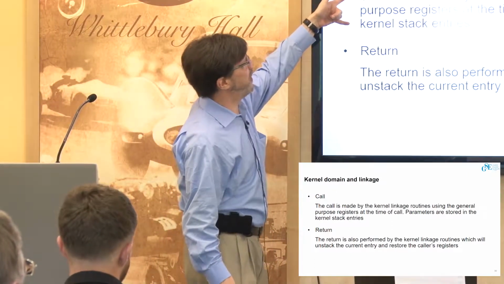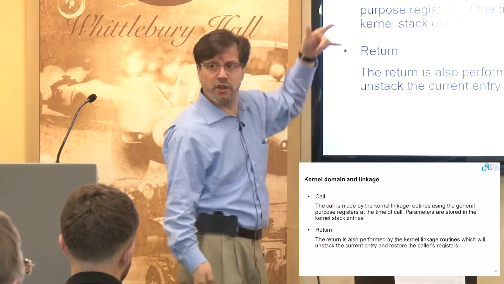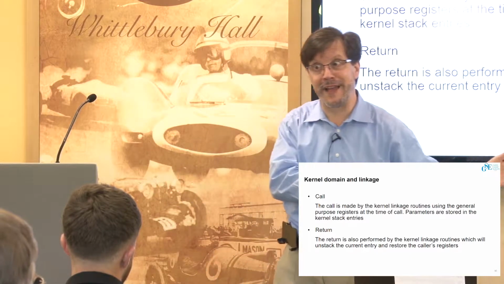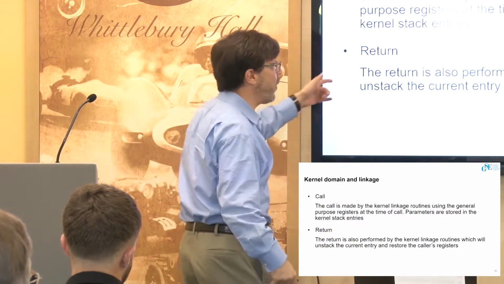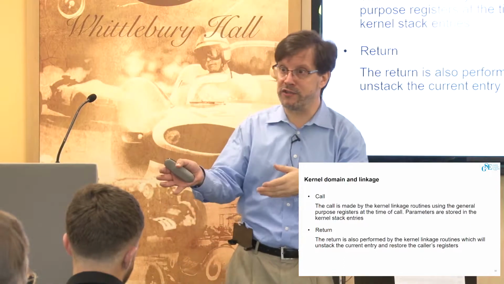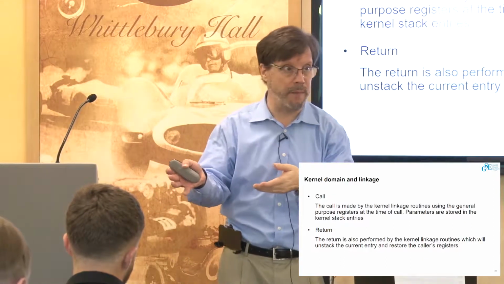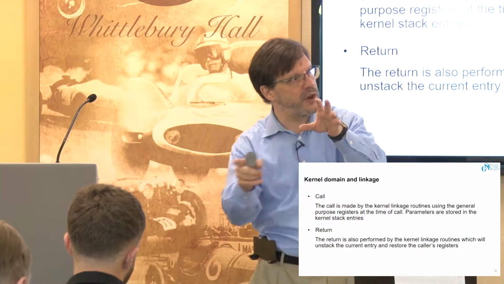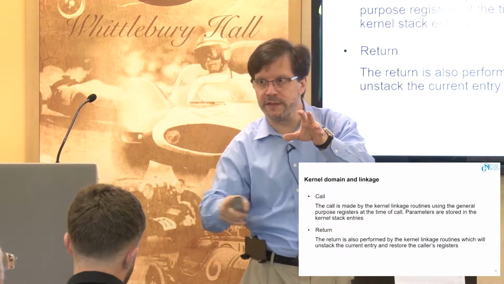So a call is made by the kernel linkage, so you always get control from kernel linkage. You don't get control from the actual module. And by the way, return is always to the kernel linkage. Think about it: AP calls storage manager. Not really. AP calls kernel. Kernel says, let me look up the address in the domain gate table of the module I need to give control to.